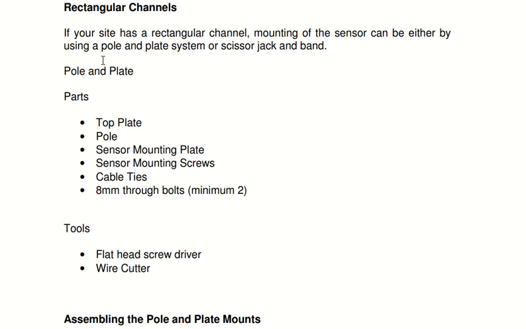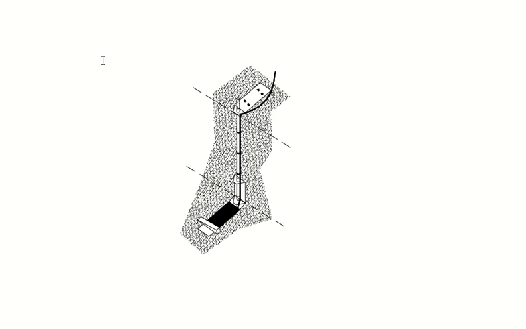So it's pretty much similar. What is additional here? You have a pole. You have to fix the pole to the bottom and top plate and secure it, which might look something like this.